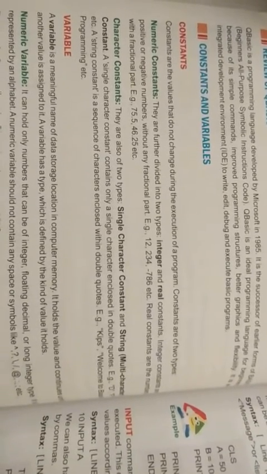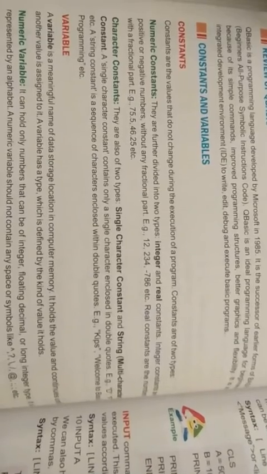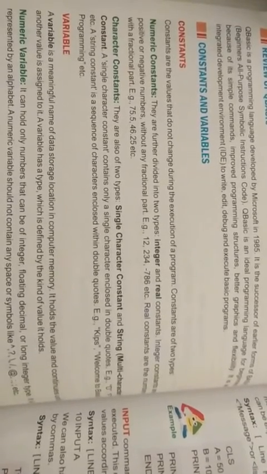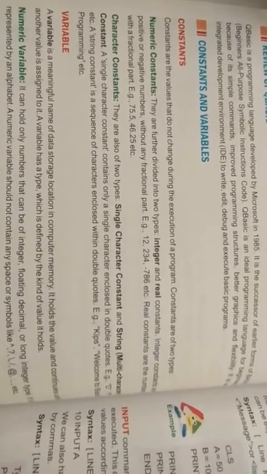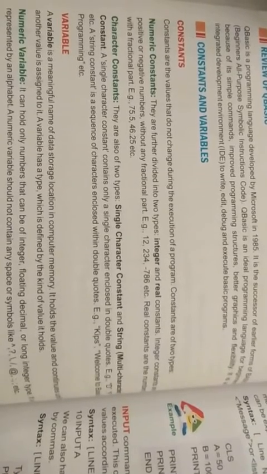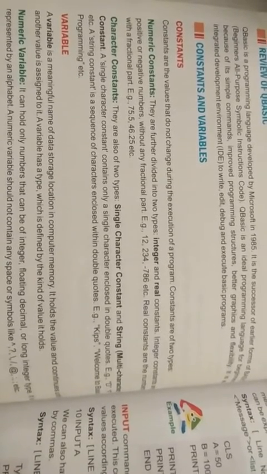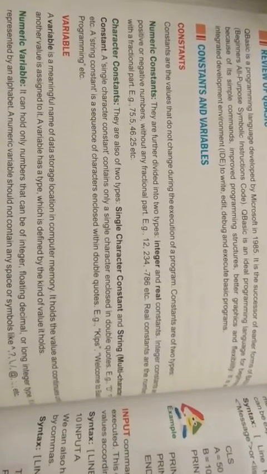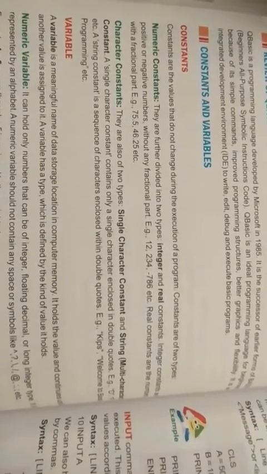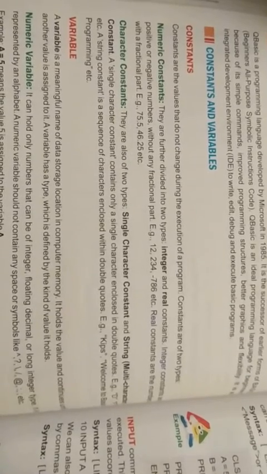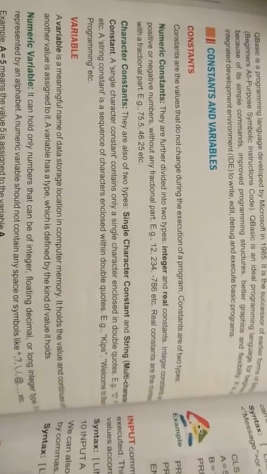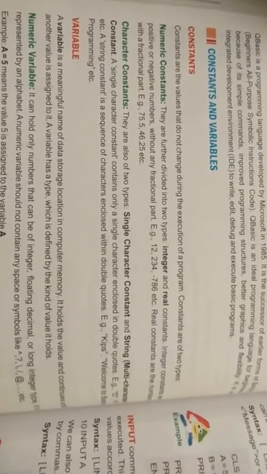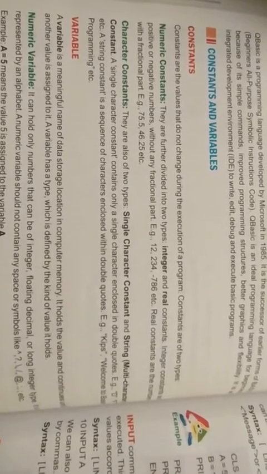So students, the integer category of numeric constants covers all the positive and negative integer values, not floating point values. It will cover only those values that do not have any fraction part. And real constants are the numbers with a fraction part. Yes, students, they include all the floating point values, like 75.5, 46.25.